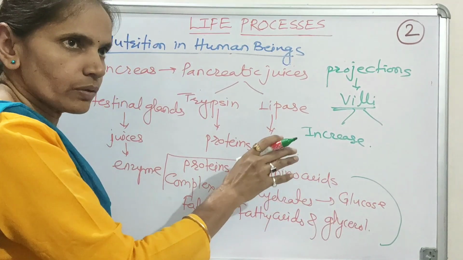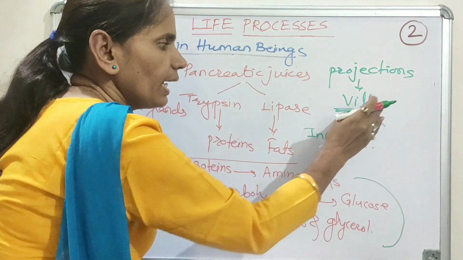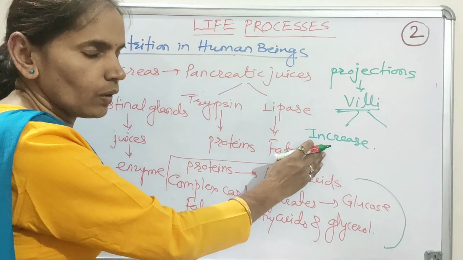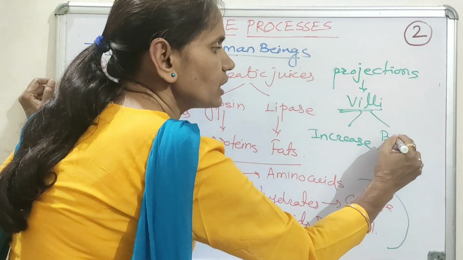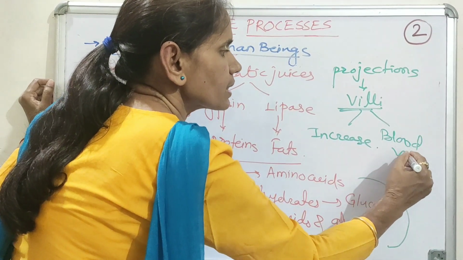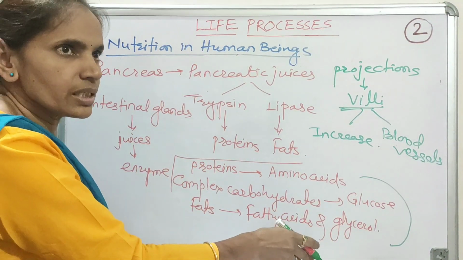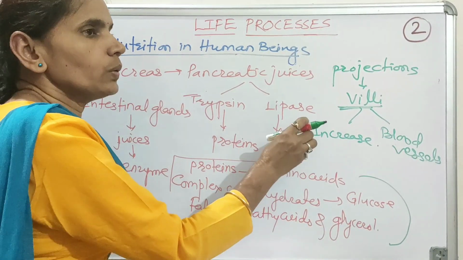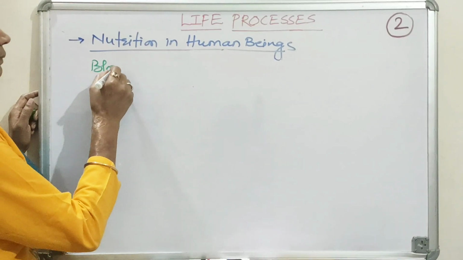In that process of digestion, the walls help because the villi increase the area of absorption of food, and these villi are richly supplied with blood vessels. Because of these blood vessels, the digested food is supplied to each and every cell of the body.